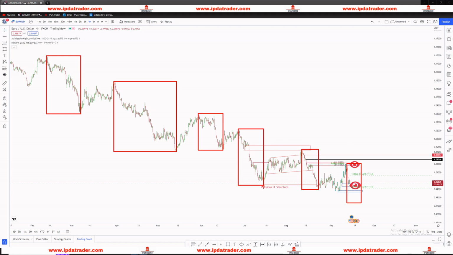So you need to be well aware of these things. Let's now highlight the pullbacks, which are going to be this pullback, pullback, pullback, retracement, pullback, retracement, right? Same thing over here, pullback, retracement.